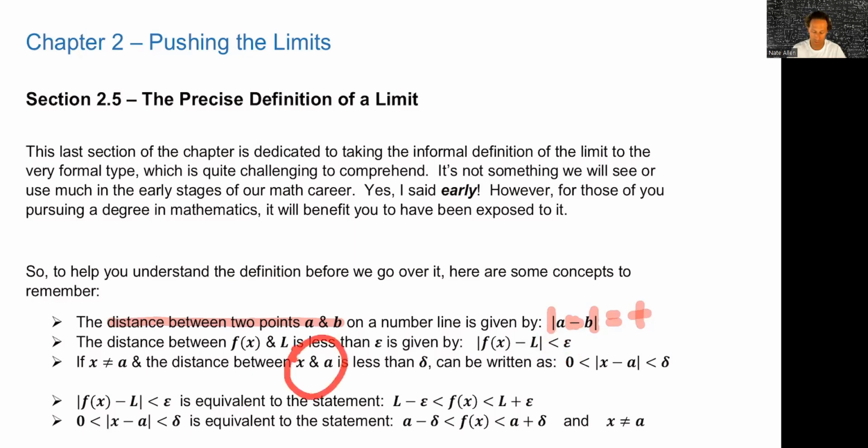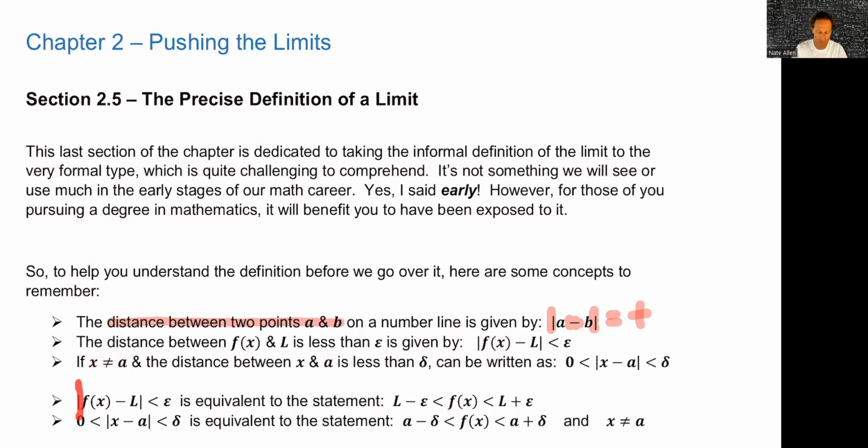And we can do that also between x and a, rather than just some random 2 points A and B, x being the unknown or generic number on the x-axis. And as long as they're not the same two values, then the distance between them can also be less than some other Greek letter we're going to call delta. Since they're not the same, then this cannot be a 0, where this and that are not the same and therefore cannot be 0. Right?